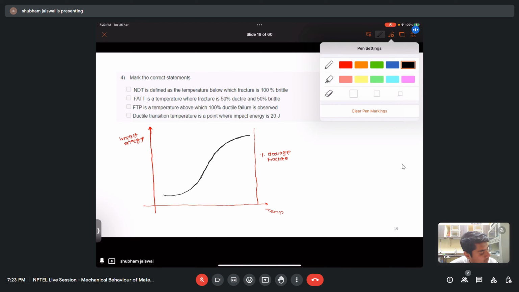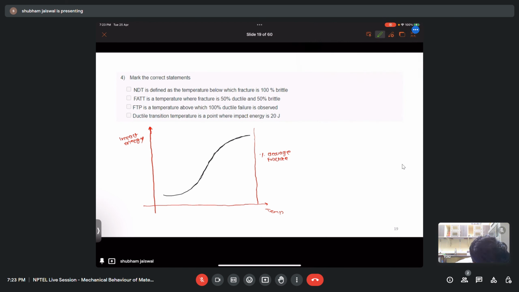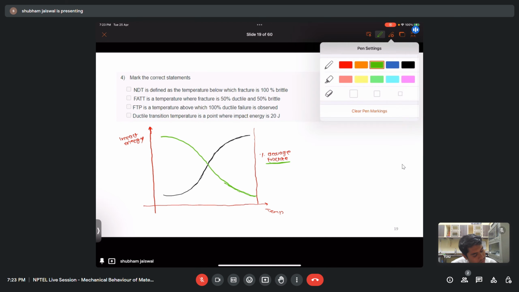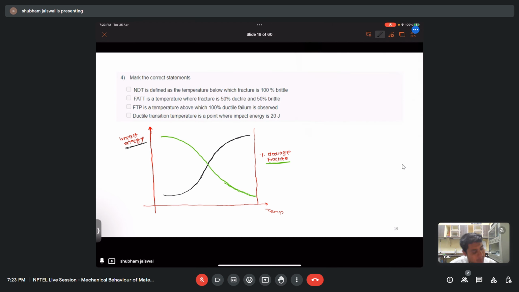And if I plot a curve for percentage of cleavage fracture with the temperature, we will get this curve for cleavage fracture, and this black one is for the impact energy.